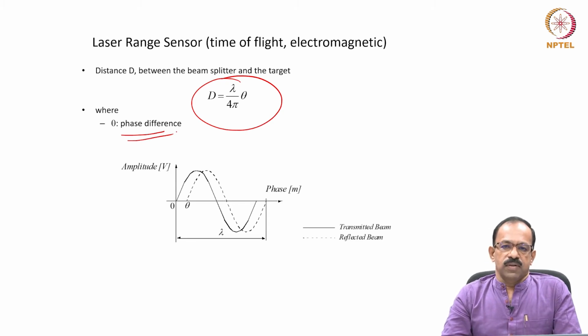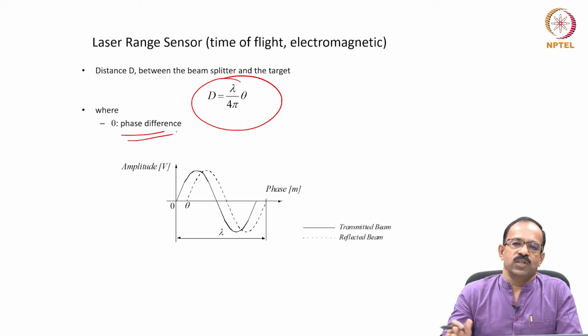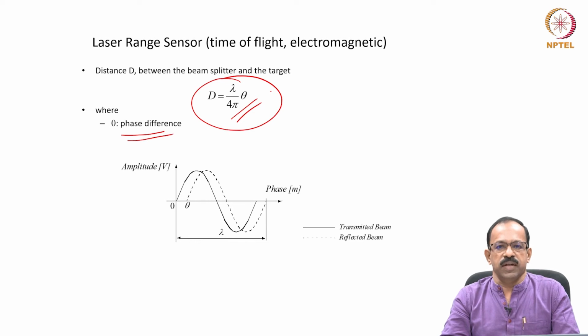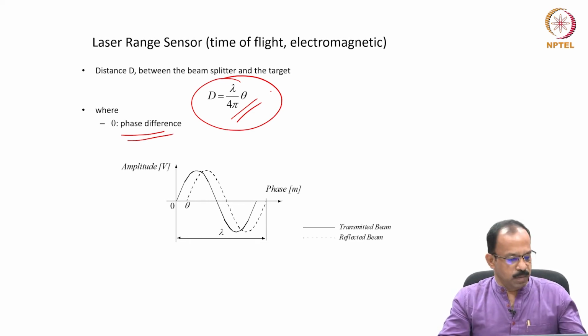So, the laser range sensor will have a transmitter, a receiver, and then a processing system where the phase difference of the two signals will be measured, and then you convert that into a distance based on this relationship. That is the principle.